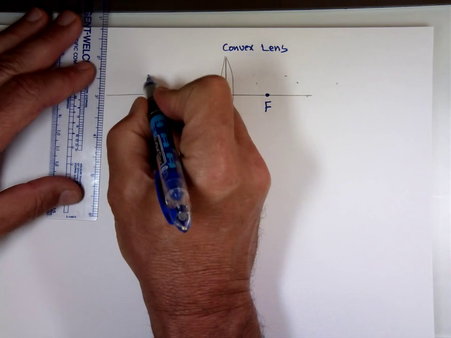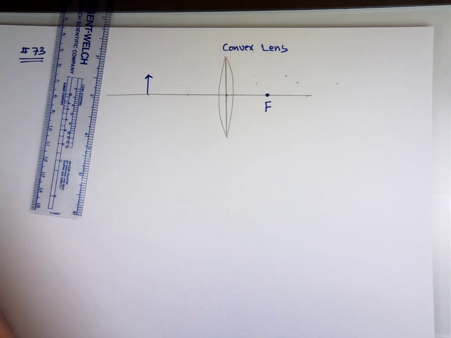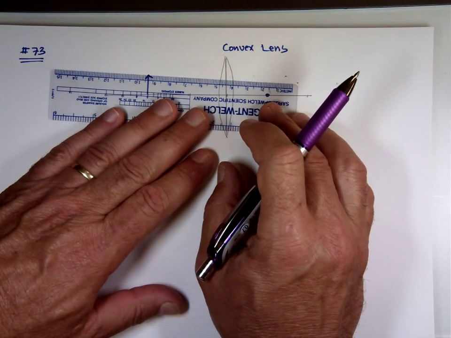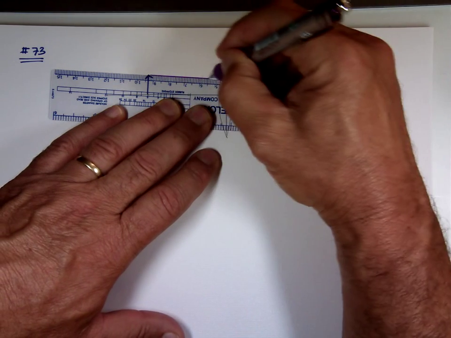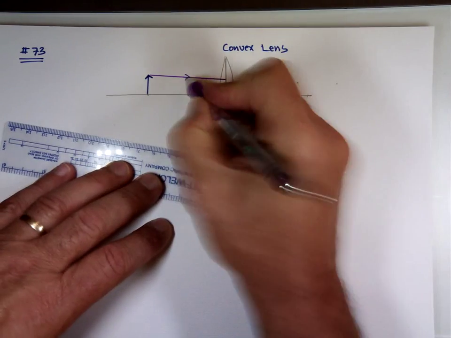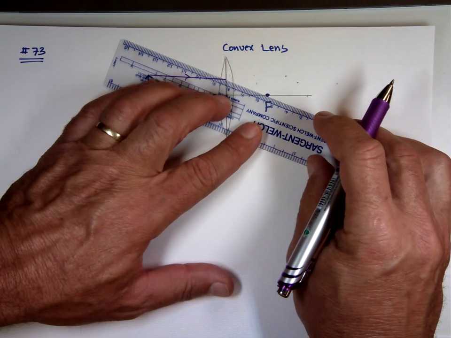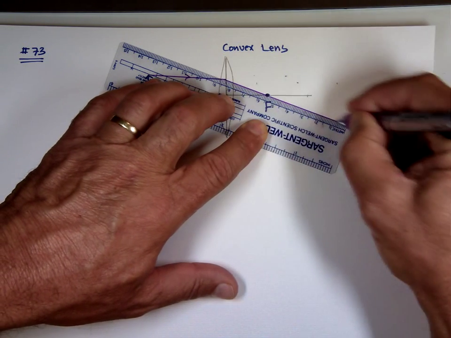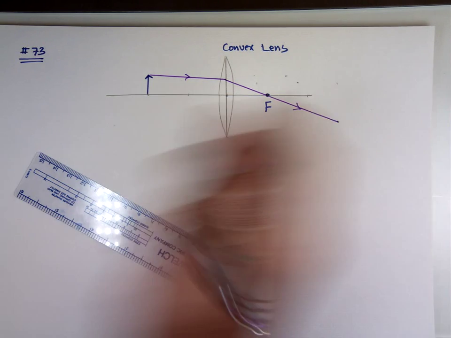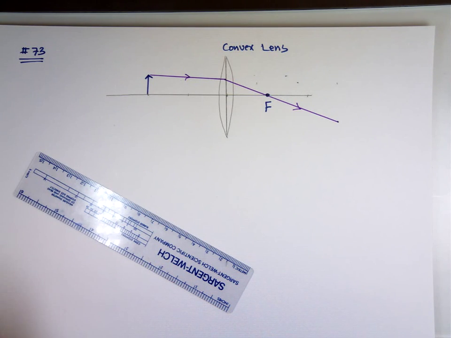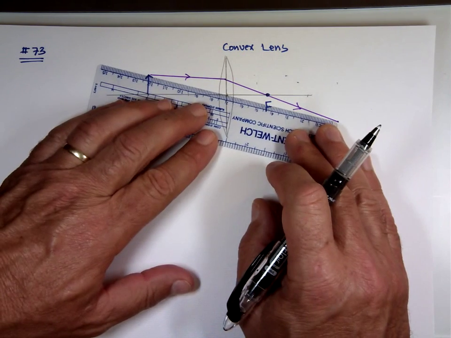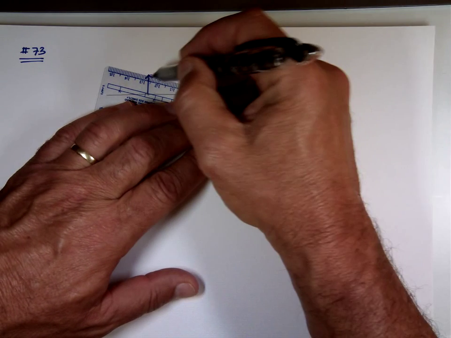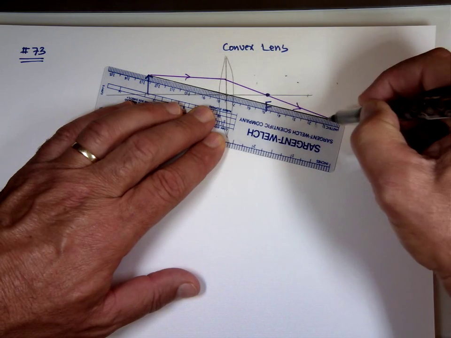Here we go. The first one, the P ray, parallel. And it goes through the focal point. The M ray, M is the middle. That one just keeps on going straight. That's the M ray.